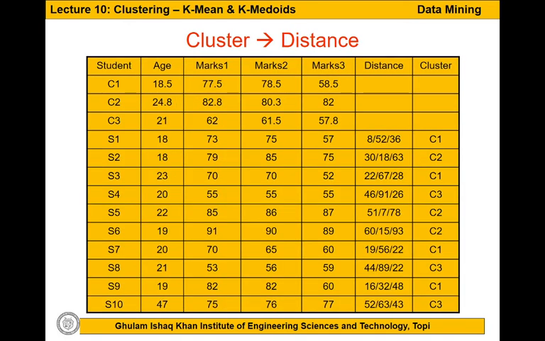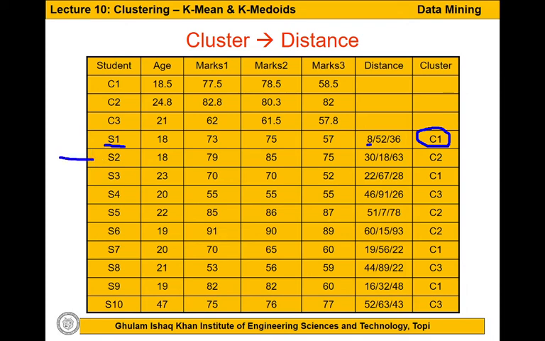So this is the next iteration where the distance of S1 is computed from C1, which is 8, and since this is the minimum as compared to the distance between S1 and C2 and S1 and C3, this S1 is assigned to cluster C1.